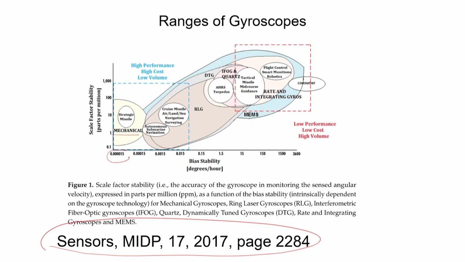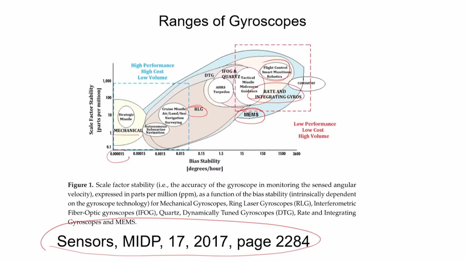If it is slightly higher bias stability, like in missiles, then one should go for a ring laser gyroscope. Beyond that, there are good examples of MEMS-based gyroscopes, and for rate and integrating gyros, these are always used for flight control type of systems.